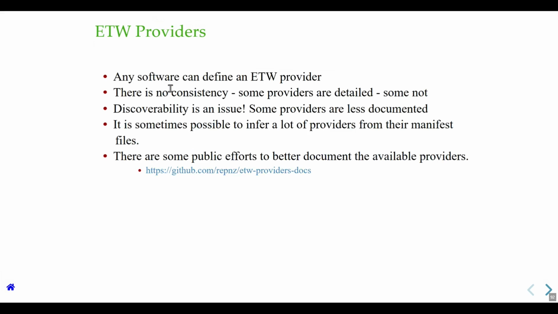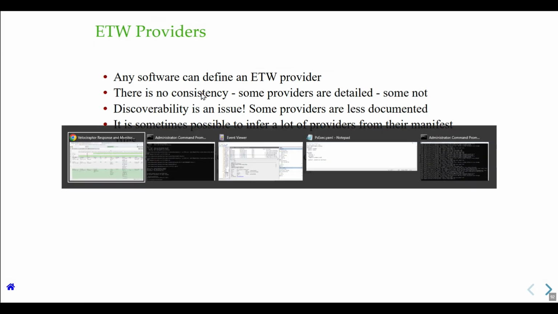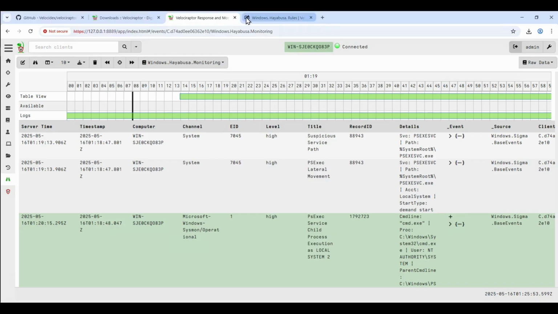So there are a whole bunch of different providers. There are literally thousands of providers, and any software can provide an ETW provider. And it's kind of difficult sometimes to know which is useful and what to do with it. There are some public documented efforts. Let me just show you this website here.